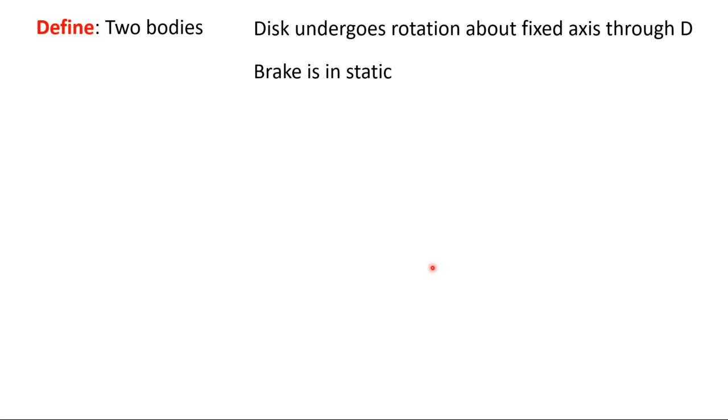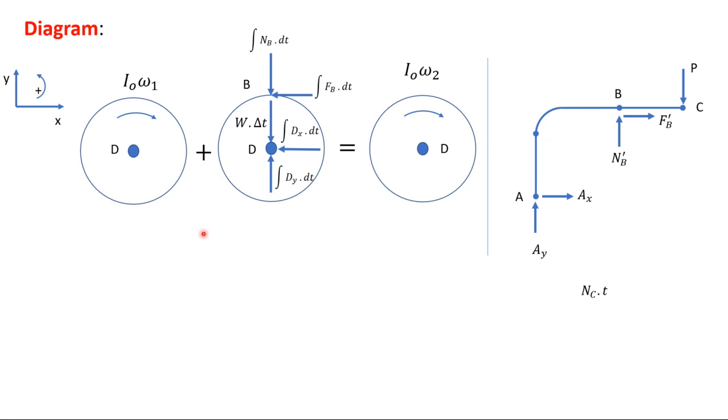First, we have two bodies. The disk undergoes rotation about the fixed axis through the point D, and the brake is static. P is a function of time, so the integral is expected. For the free body diagram of the disk, it was rotating with I omega first.